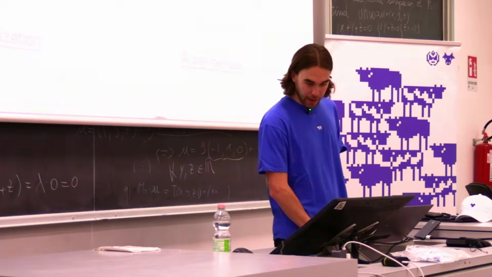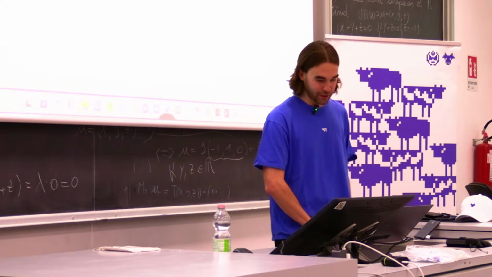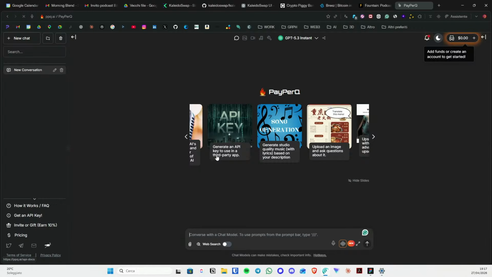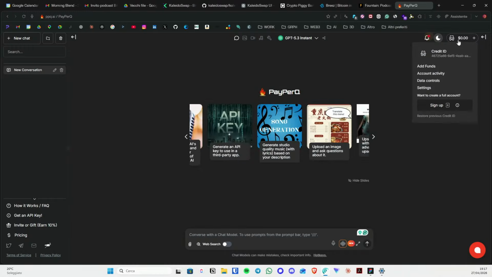The other one is called PPQ. I was actually personally building a startup similar to this two years ago. It's an AI chatbot where you can select all the models you want, and you link your wallet or top up the wallet inside the app, and you can use all the AI models you want in a pay-per-use way.